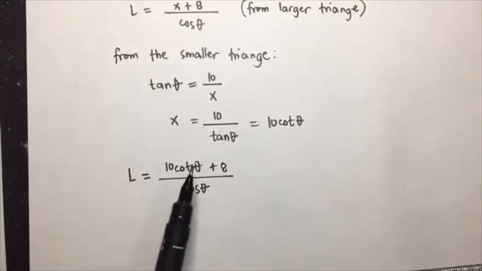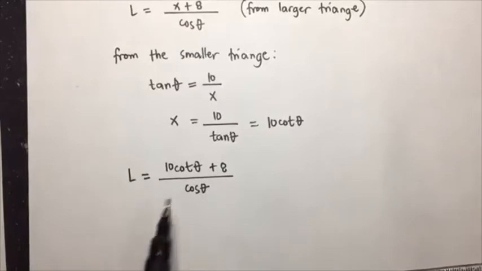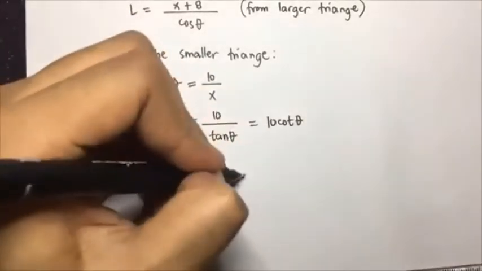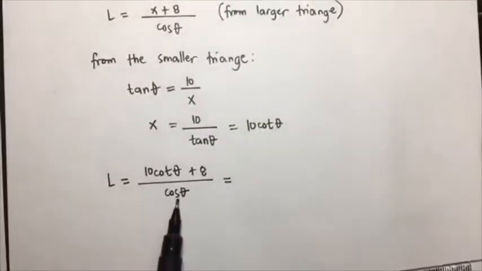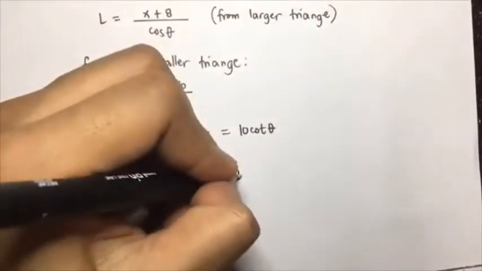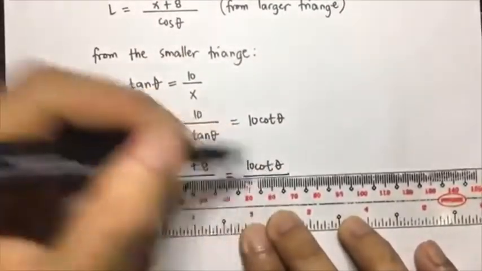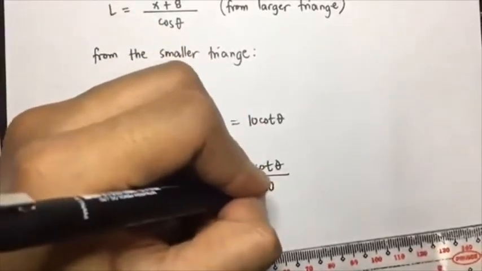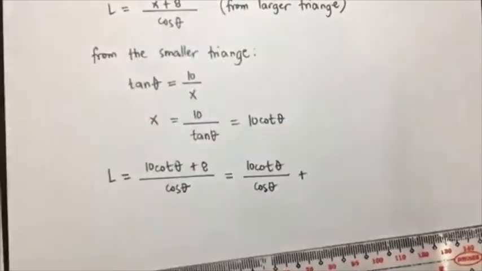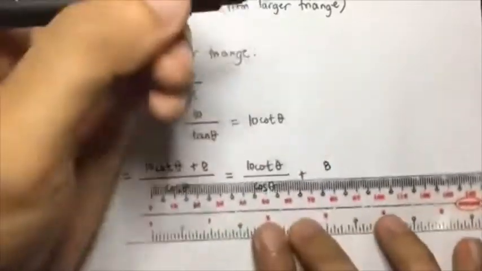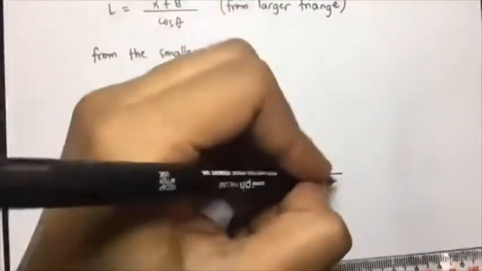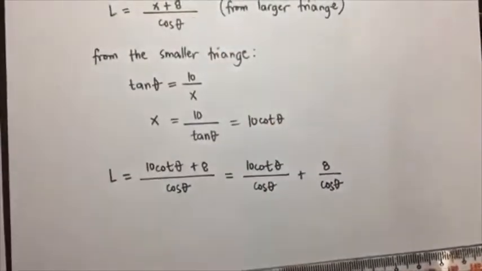So from here, we can already differentiate, but I think it's easier if we simplify first. So distributing cosine theta, 10 cotangent theta over cosine theta plus 8 over cosine theta.